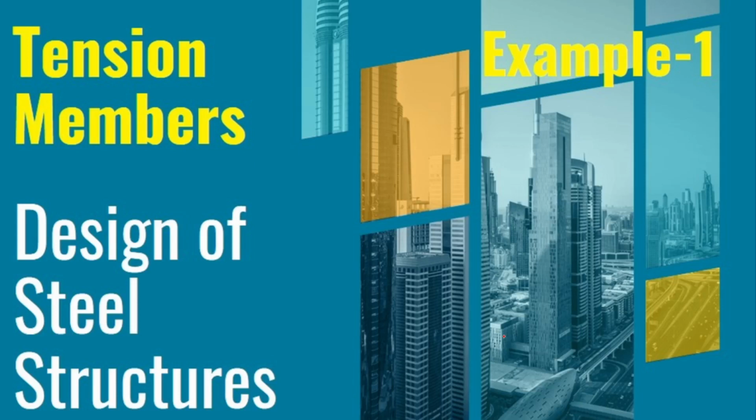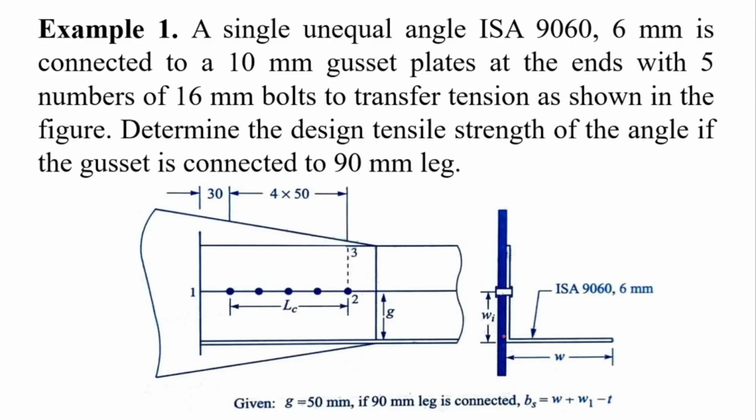In this lecture, we are going to discuss another new topic of design of steel structure. Here we are going to start the topic design of tensile members. So let's take example number 1.